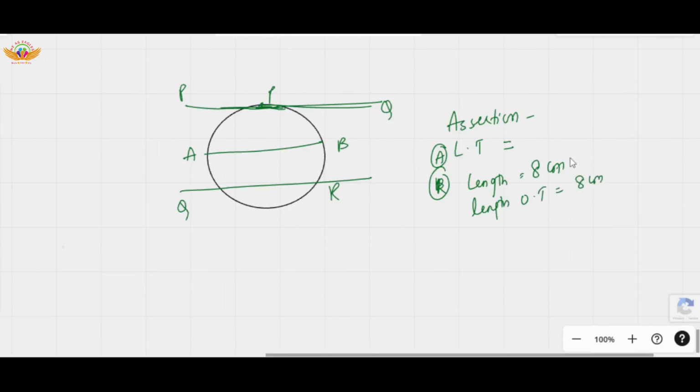Why do both tangents have the same length? Because the lengths of the tangents are equal. Hence, assertion and reasoning both are true. So these kinds of questions they might also ask you.